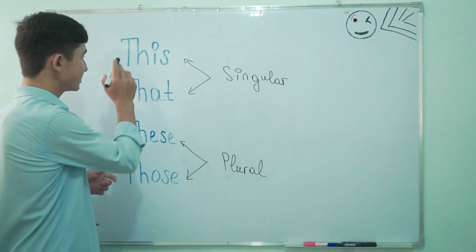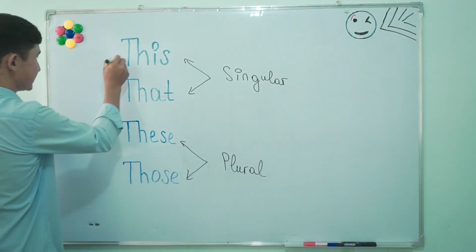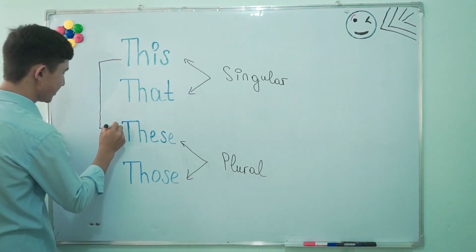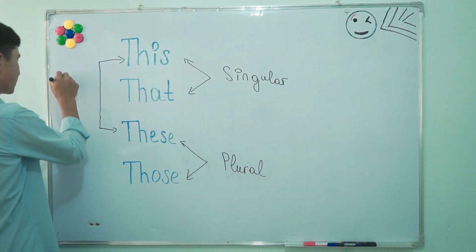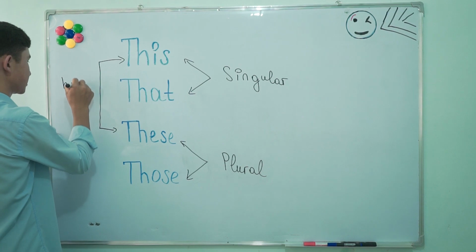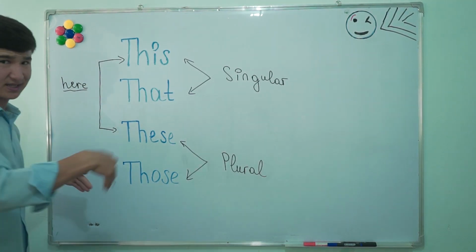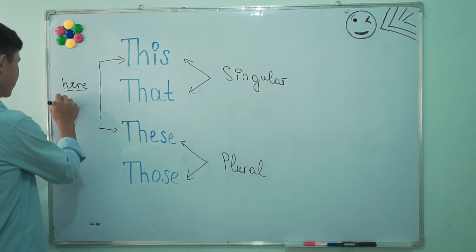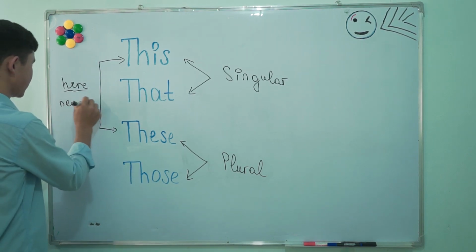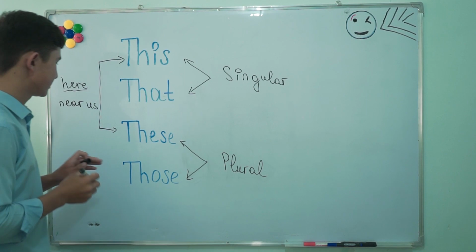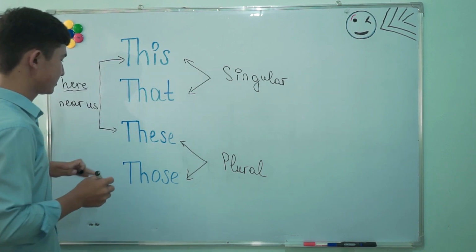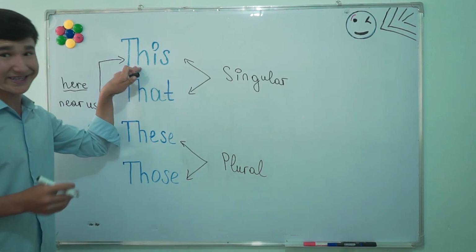This and these are here, and here means near you, or near us.